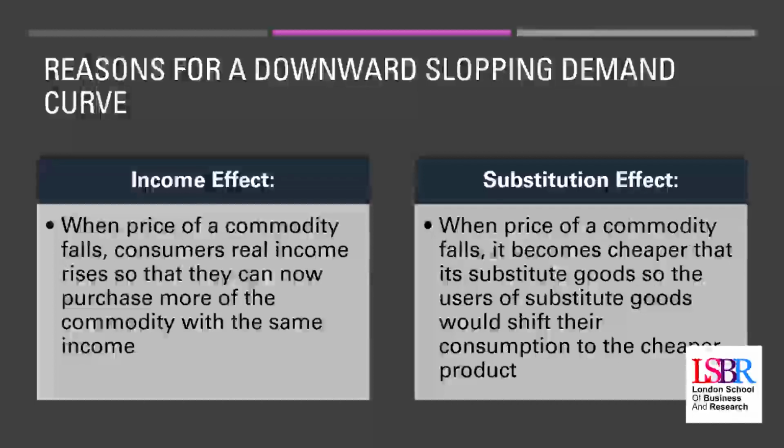We said that as price goes up, quantity demanded goes down, or as price goes down, quantity demanded goes up. Well, there's a couple of reasons for that. The first one is called the income effect. That's basically when the price of a commodity falls, consumers' real income rises, okay? What do you mean by real income? Real income is the ability to buy goods and services, okay? The real purchasing power. So, for example, £1 at this moment in time can only buy me 1 chocolate bar.